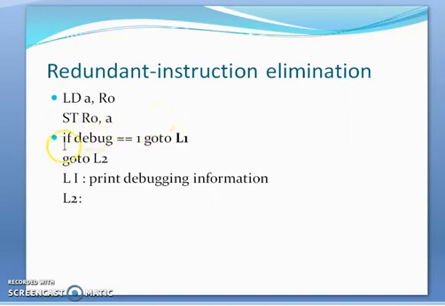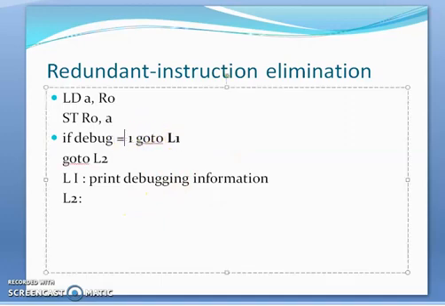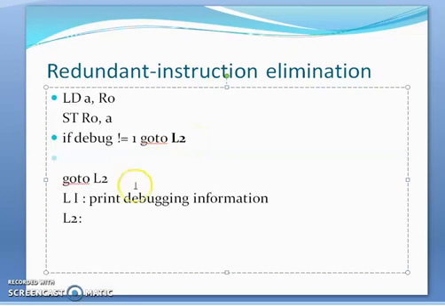The second example is: if debug is equal to 1, that is, you are comparing whether the debug value is 1, go to L1. What will L1 do? It will print the debugging information. If the condition is false only, you have to go to L2. So instead of these jumps, can you change it to: if debug is not equal to 1, go to L2?